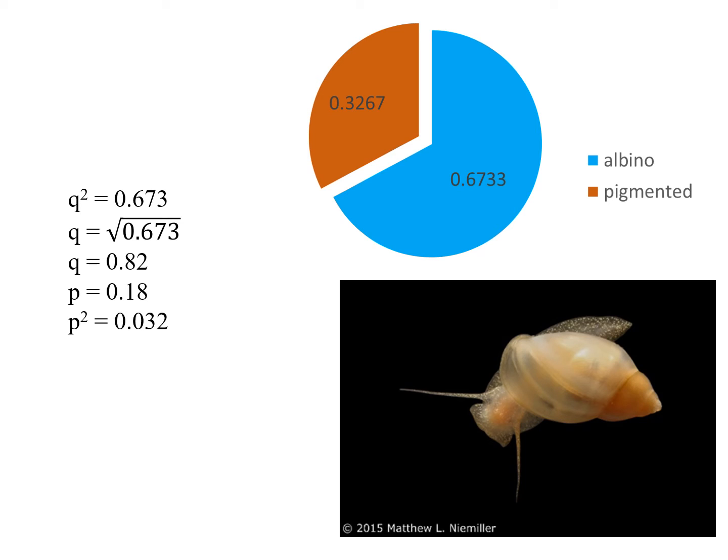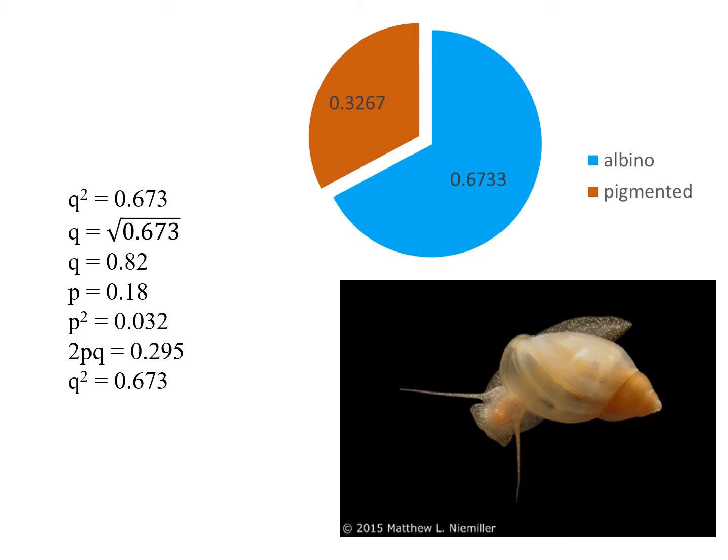If you square p, you know the frequency of the homozygous dominant genotype. 3.2% are homozygous dominant. We know the expected frequency of heterozygotes. 29.5% of the population should be heterozygous if the frequency of q squared is 0.673.